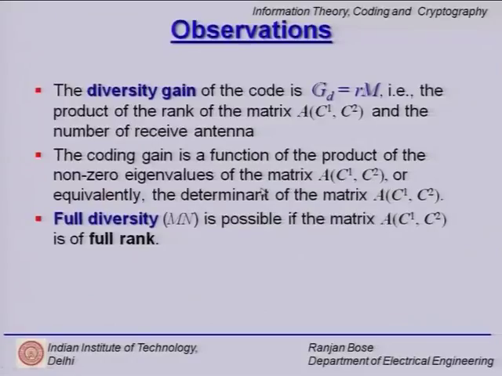The coding gain is a function of the product of the non-zero eigenvalues of the matrix A, or equivalently the determinant of the matrix A, which means that full diversity is possible, and it will be M into N, if the matrix A is of full rank. This essentially gives us the method to design good space time block codes. We have to design A with full rank.